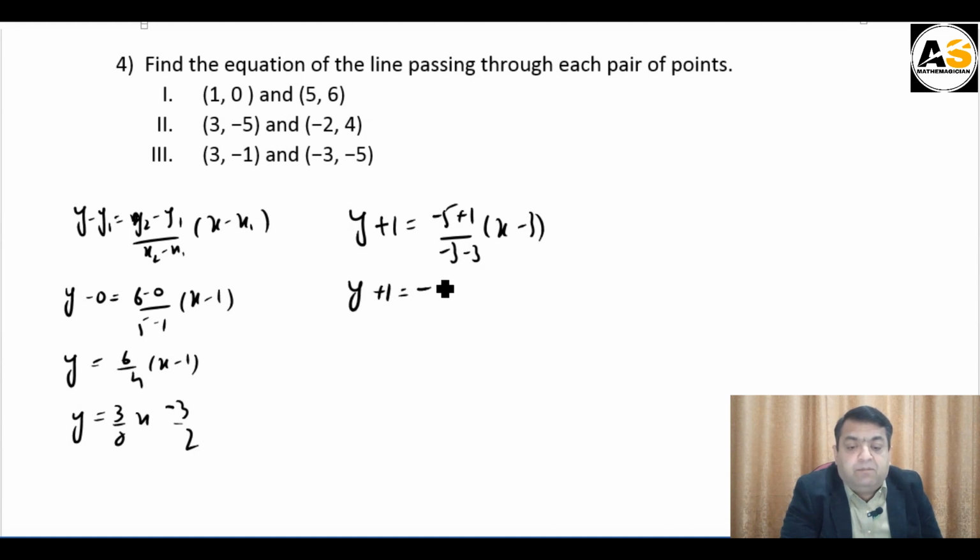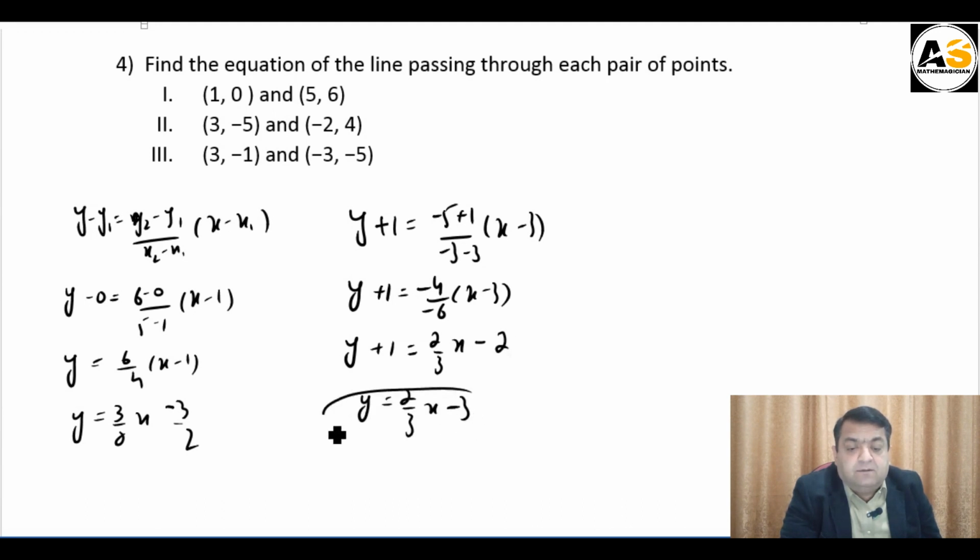I will get y plus 1 is equal to minus 4 over minus 6 into x minus 3. Y plus 1 is equal to 2 by 3 x minus 2, and y is equal to 2 by 3 x minus 3. This is the second part.